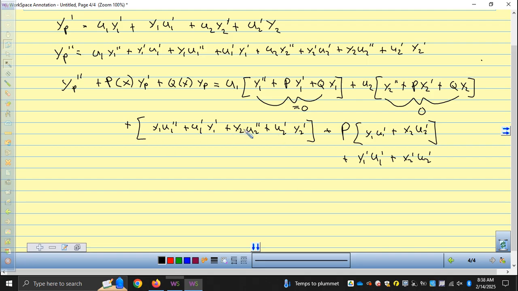This term is the derivative of y1 u1 prime plus y2 u2 prime. That's why I gathered it all together. So these two terms are 0.